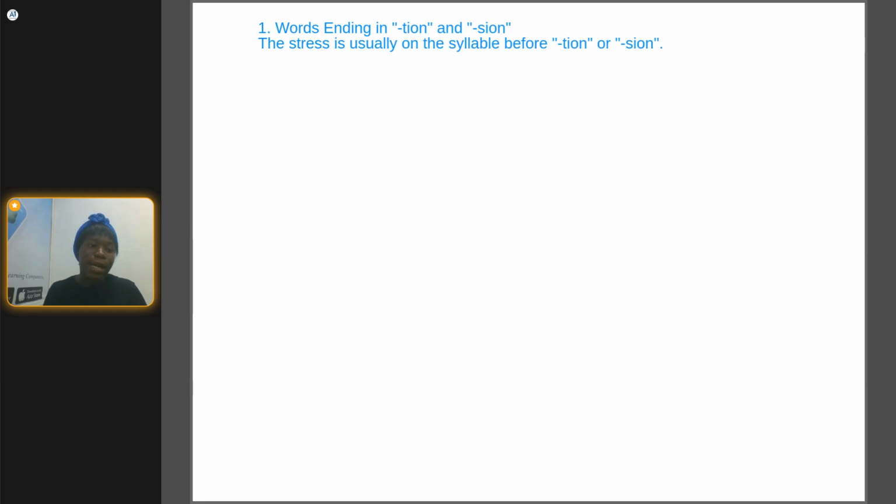Again, I'm going to mention that there are exceptions. There could be exceptions, but usually this rule applies to words ending with TION and SION. Whatever the word means, whatever syllables it has, once it ends with TION or SION, just know that the stressed syllable is the syllable before it.